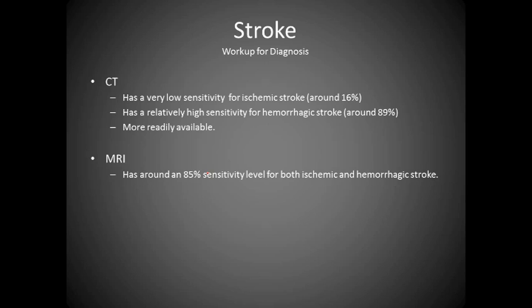So in terms of stroke, we see that CT has a very low sensitivity for ischemic stroke, around 16%. This is possibly the worst thing about CT, is that for ischemic stroke, it's only around 19% for the initial phase.